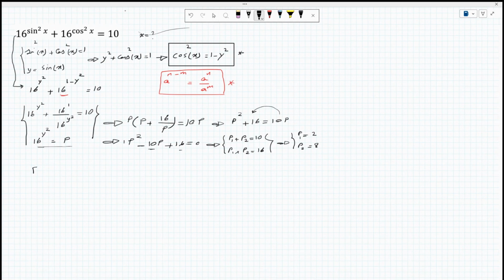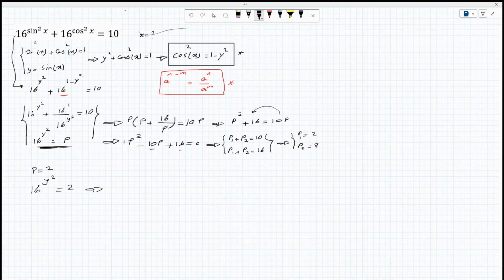When p is equal to 2, we're going to use this equation here: 16 to the power of y² equal to p, which is equal to 2.